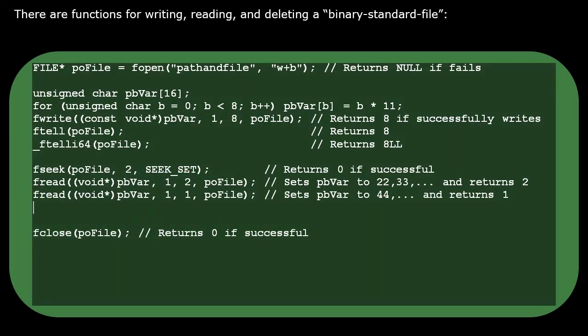We have specified an absolute position to move the seek pointer to. You could also specify a relative position, relative to its current location or relative to the end of the file.